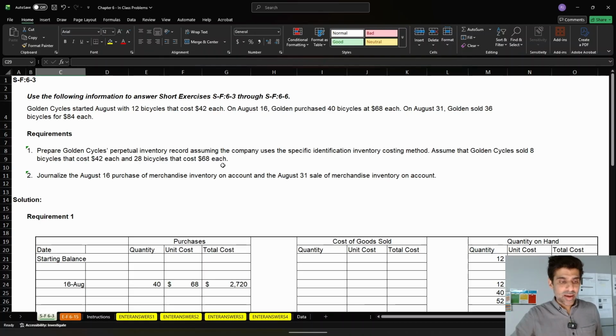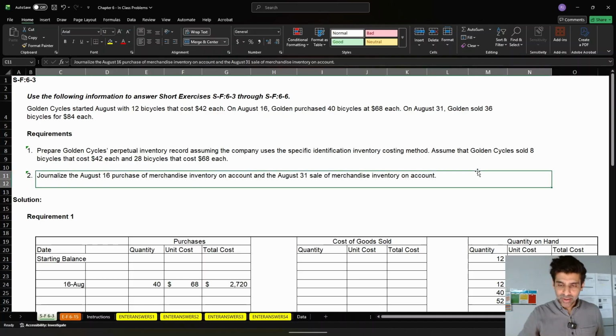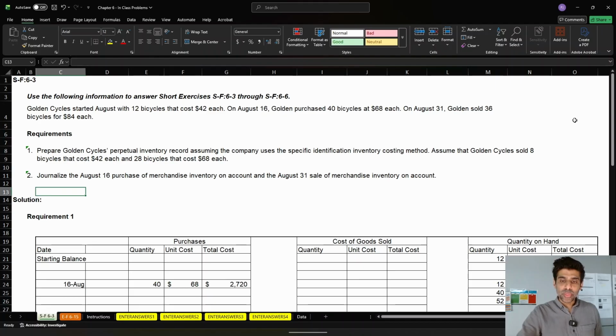It's saying that we sold 8 at 42 and 28 at 68. Let's just be clear. We sold 36 total. 28 plus 8 is 36.